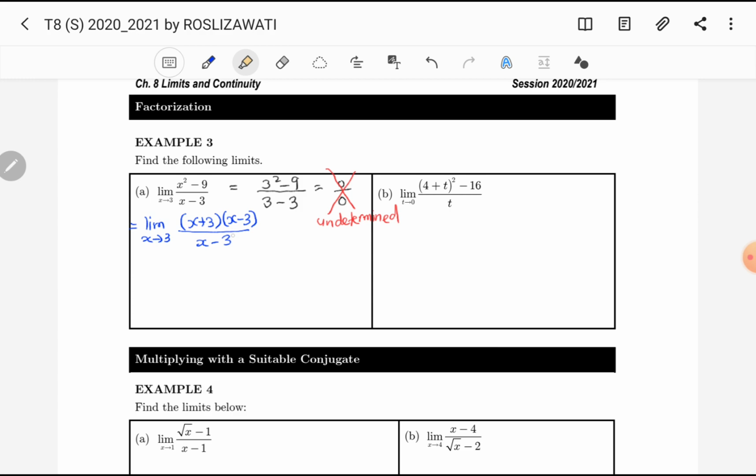If you notice here, we have x minus 3 on top and bottom, so we will simplify. So limit x plus 3 as x approaches 3. This is the simplest form.